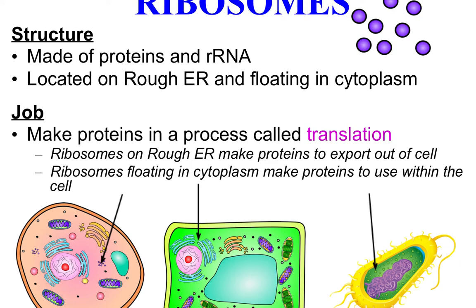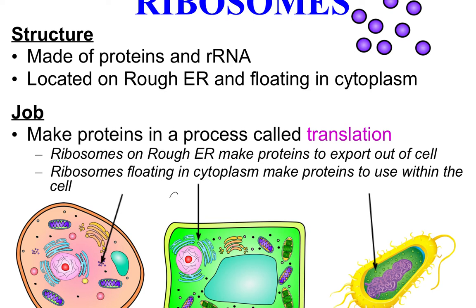Ribosomes are located at different spots inside of the cells. The rough endoplasmic reticulum is one main location, and they're also floating around the cytoplasm.